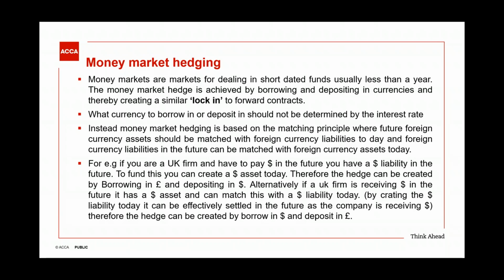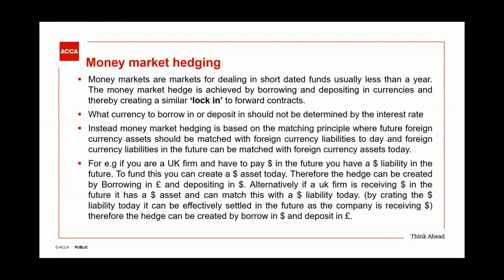Take one example. Let's say a British company has to pay a supplier in the US in 3 months time in dollars. The best thing to do is, if you have a dollar liability in the future, you might as well create a dollar asset today, so that once that dollar asset matures, you can settle the liability.